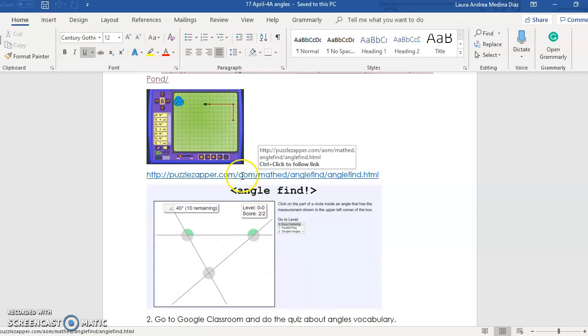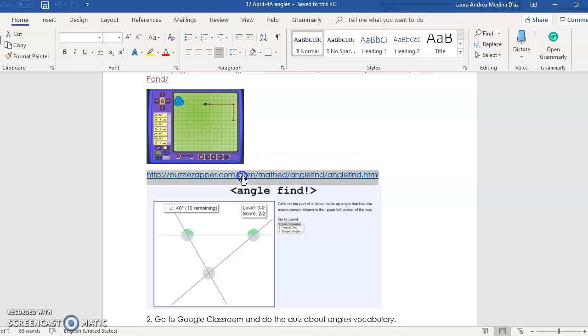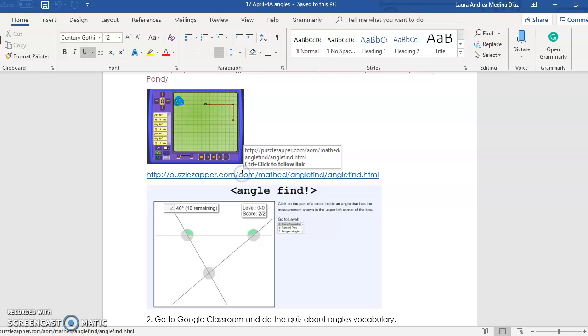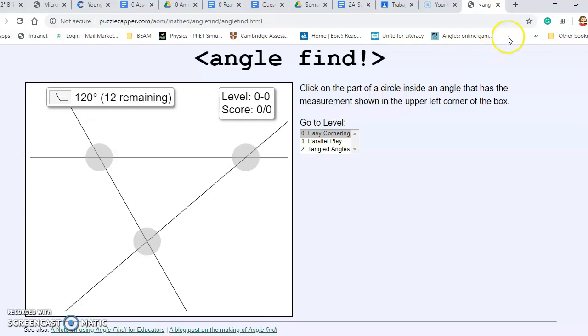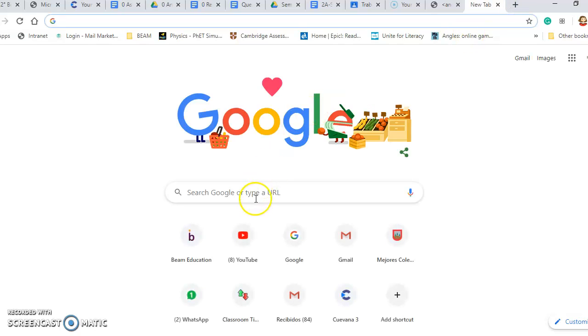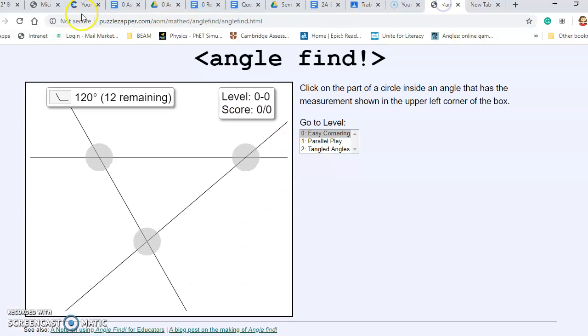Remember, you can type control, you click in the link, and when the hand appears, it's going to find it. Remember, if you cannot do it in that way, you can always use Google. Remember to use puzzle appear.